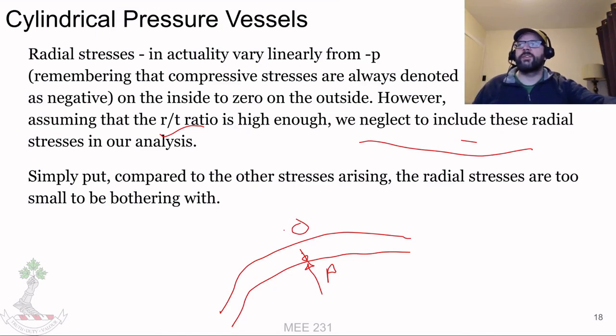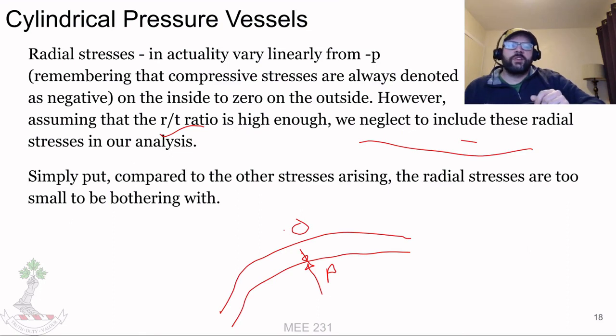So we have a tendency to not worry too much about the radial stresses. We can ignore those and any of the shear stress that would be induced as a result as well. So that's pressure vessels.